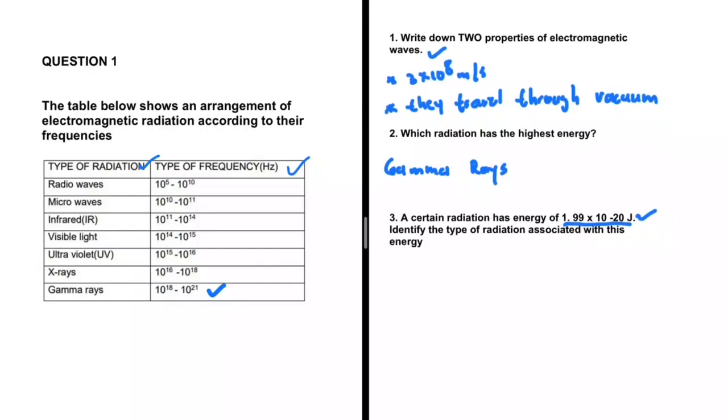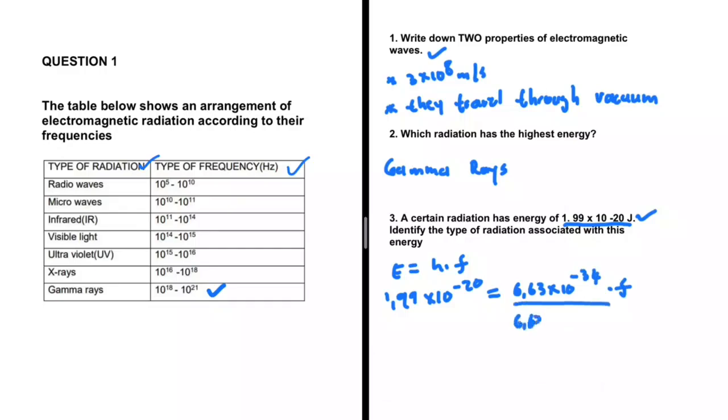We know that the energy is equal to Planck's constant multiplied by the frequency. The energy is 1.99 times 10 to the minus 20 joules. This is equal to Planck's constant, which is 6.63 times 10 to the minus 34, multiplied by the frequency. So we're going to divide both sides by 6.63 times 10 to the minus 34.